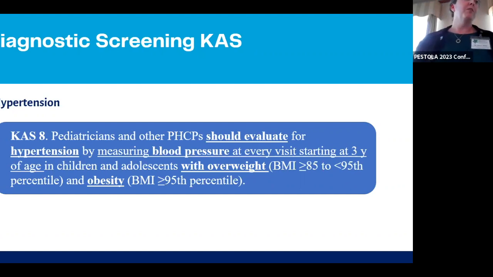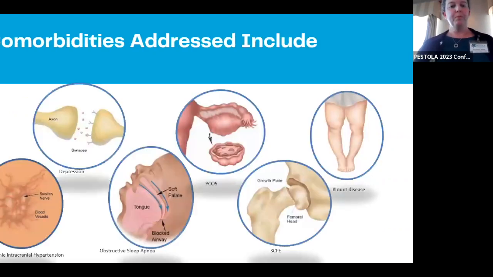Even for just well child care, blood pressures are missed on most of those preschool age children. So this is really to encourage frequent monitoring of blood pressure among children with overweight and obesity to foster earlier detection of elevated blood pressures. And it's also in alignment with the 2017 AAP hypertension guideline.